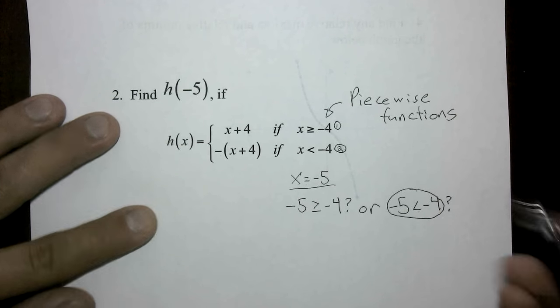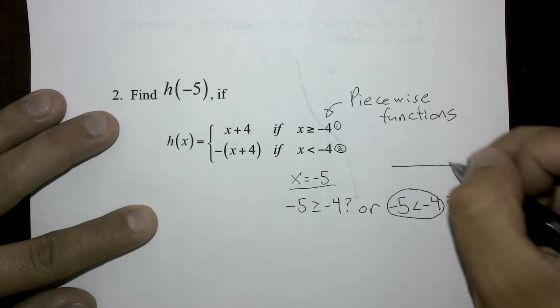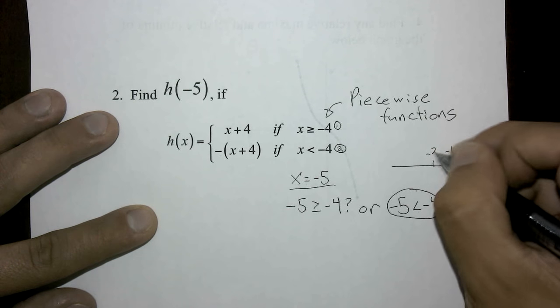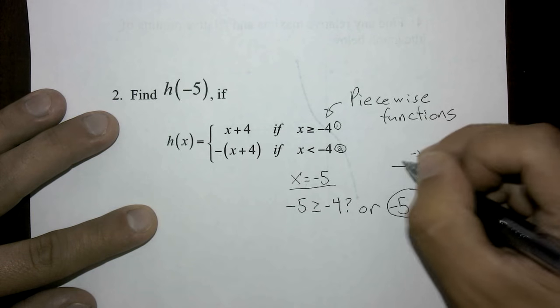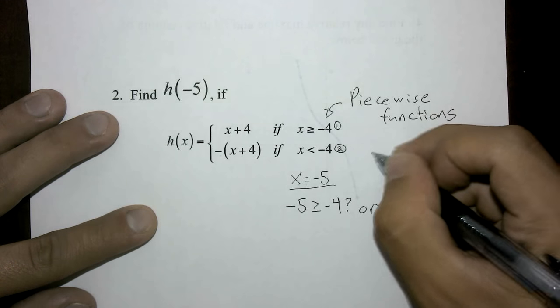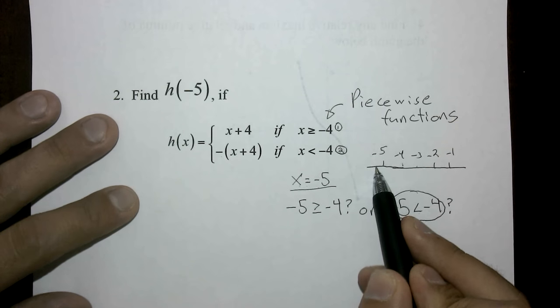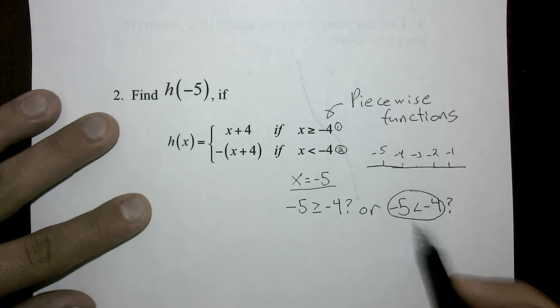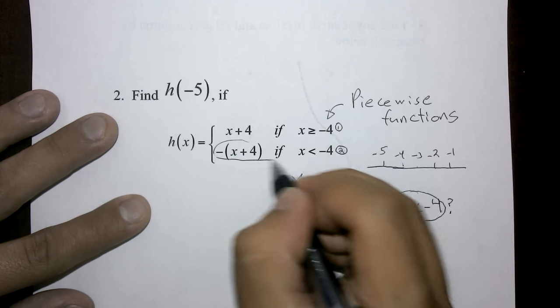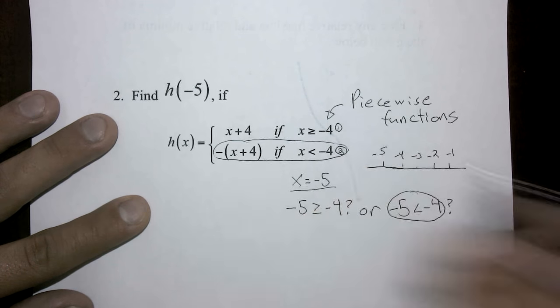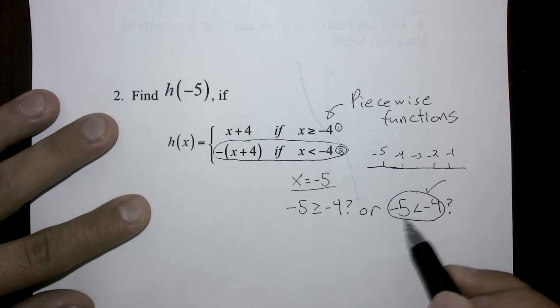If you're not convinced, check a number line. We have -1, -2, -3, -4, -5. -5 is definitely farther down on the number line, so this second case is what we're going to run with because this case works the best.